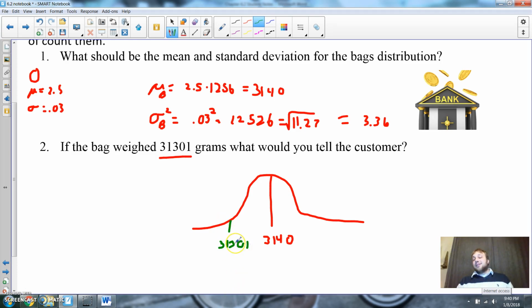And that's lower than what I expect it to be, but it still might not be out of the question. So here's what I would do: figure out what's the probability down here, how many more are down there? Because that's pretty far down. So you could do your z-score.